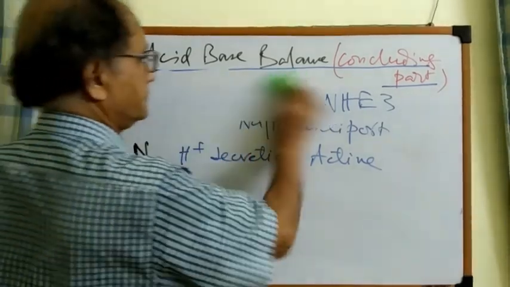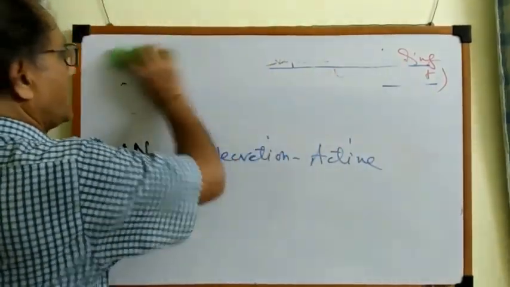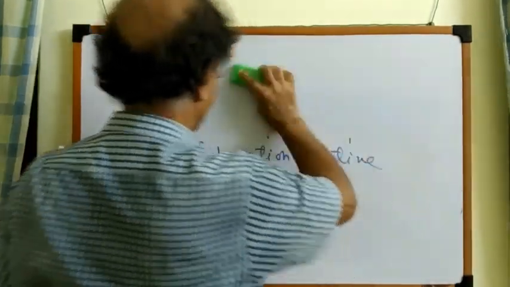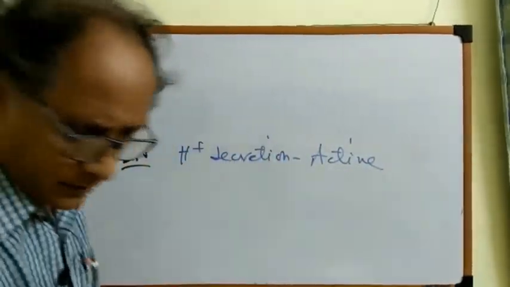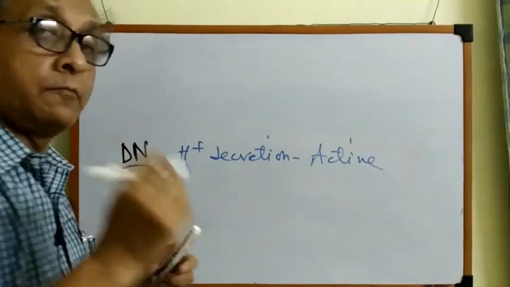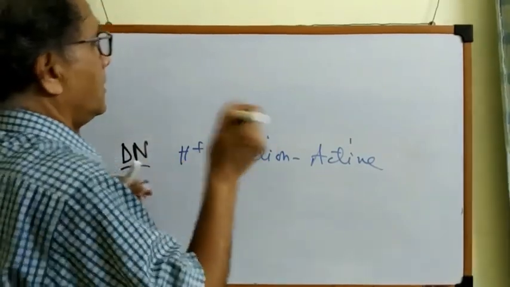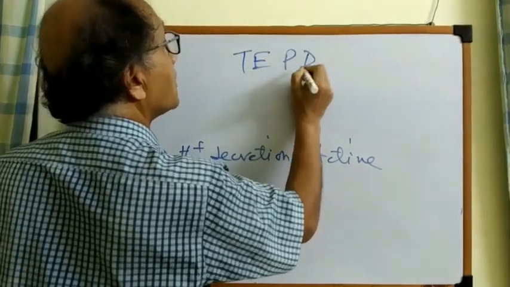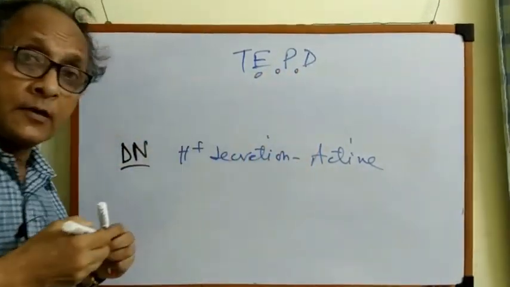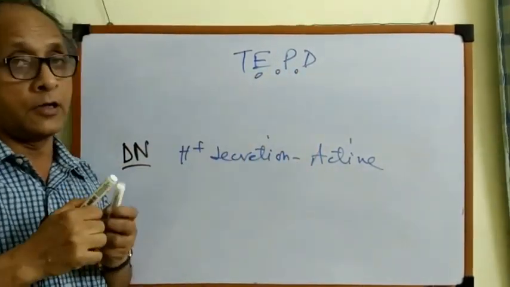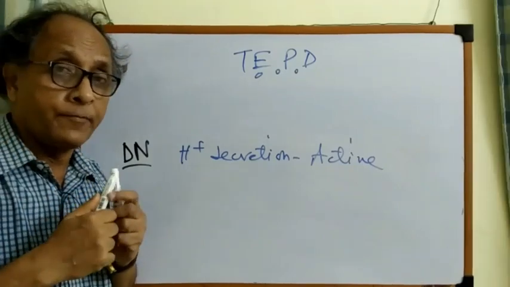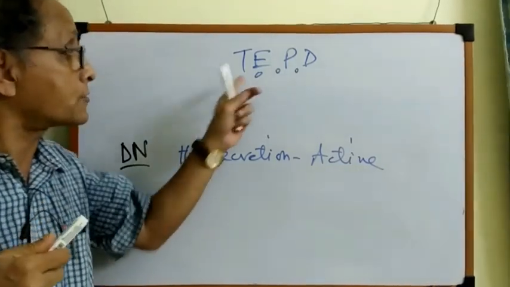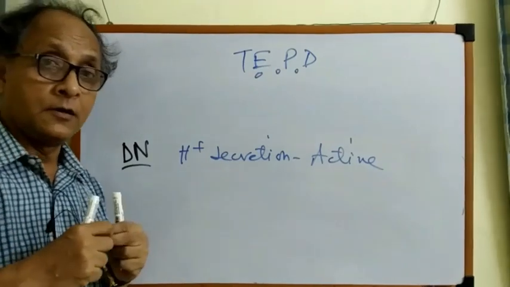What are they? That is an issue which I have touched much earlier, in my earlier days of renal classes, that is trans-epithelial potential difference. Can you remember? What is trans-epithelial potential difference? It is not transmembrane potential difference.